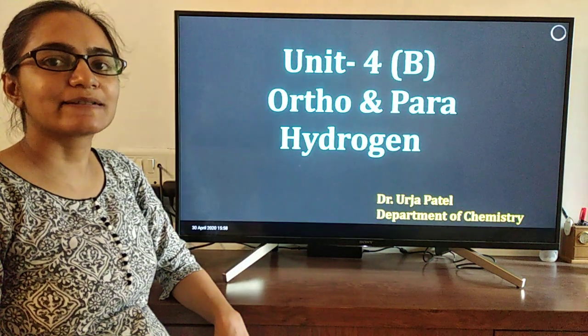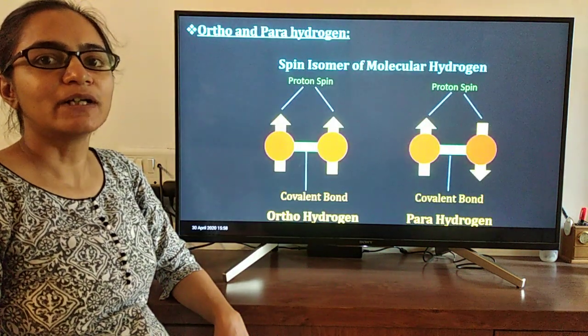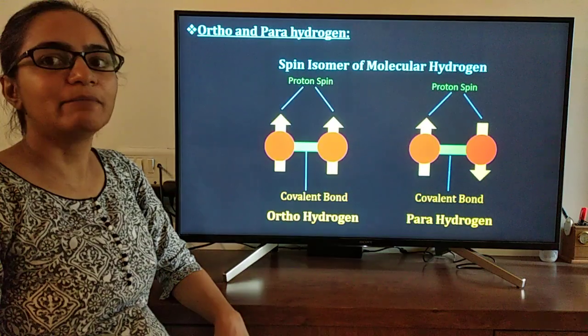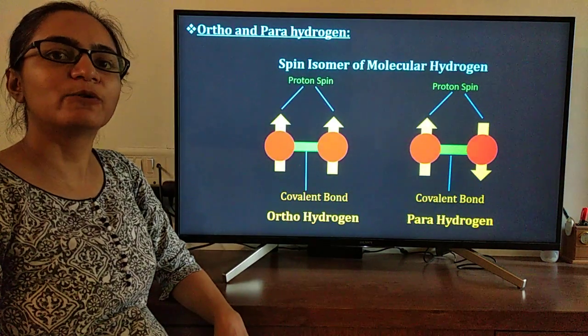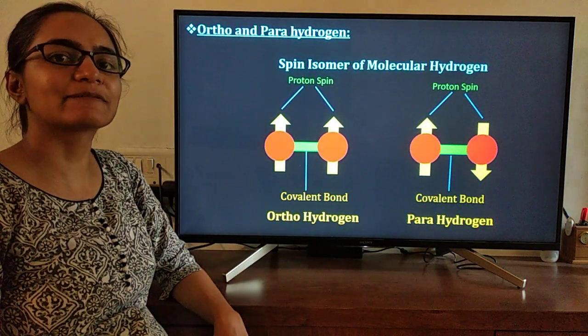Hydrogen molecule exists in two forms, such as ortho and para. This can be found due to the study of the electronic spectrum.